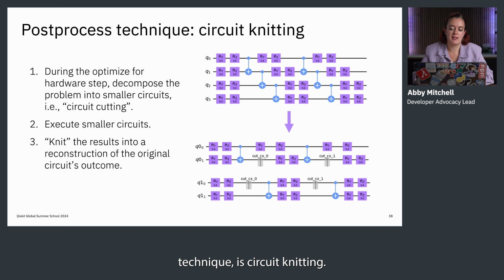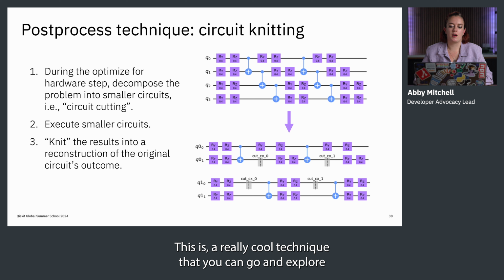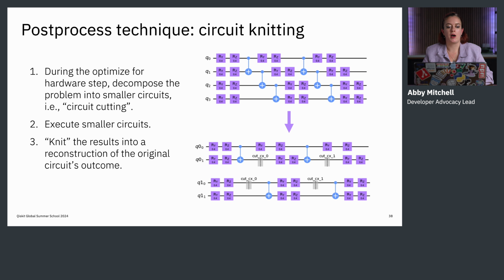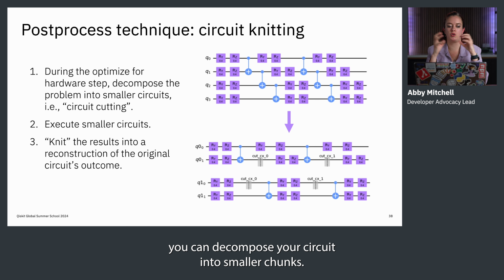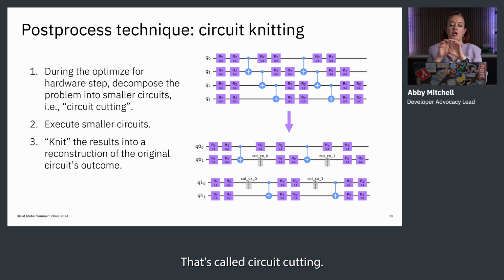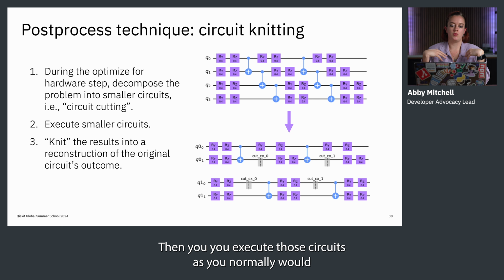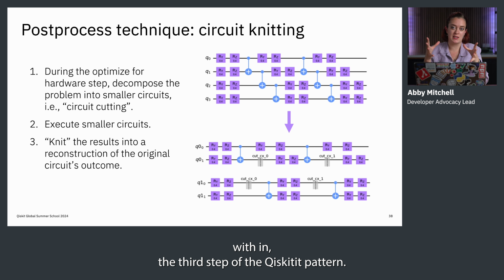Another post-processing technique is circuit knitting. This is a really cool technique that you can go and explore with that ecosystem project called the Circuit Knitting Toolbox. This is where, during the optimize part of your Qiskit pattern, you can decompose your circuit into smaller chunks. That's called circuit cutting. Then you execute those circuits as you normally would in the third step of the Qiskit pattern.